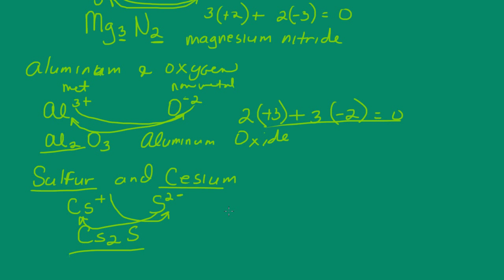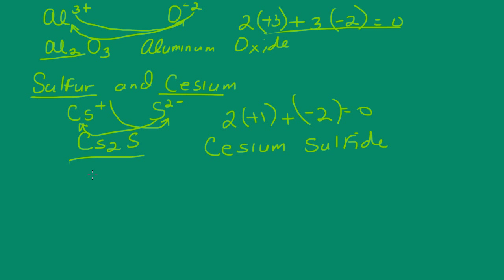And we can check this. We have 2 cesiums, each with a +1, and 1 sulfur that is a -2. And this adds up to 0. And we would name this cesium sulfide. Let's go with calcium and oxygen.